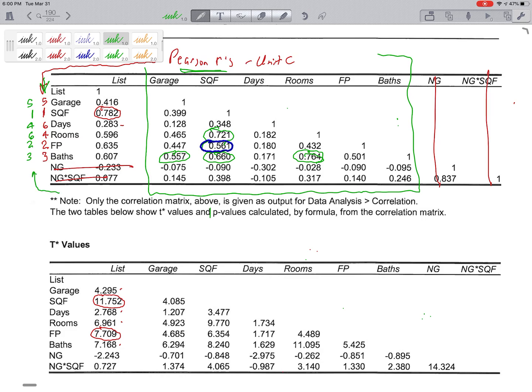So this is the order of importance according to the stepwise regression.